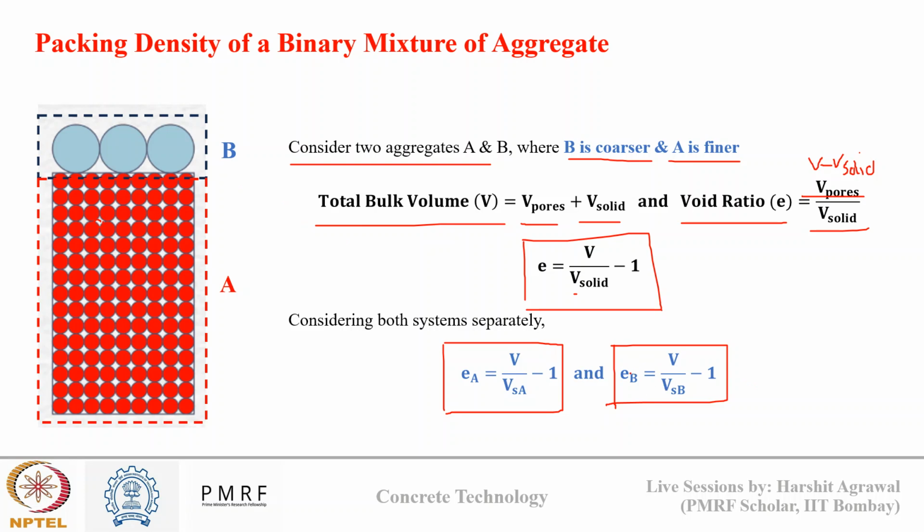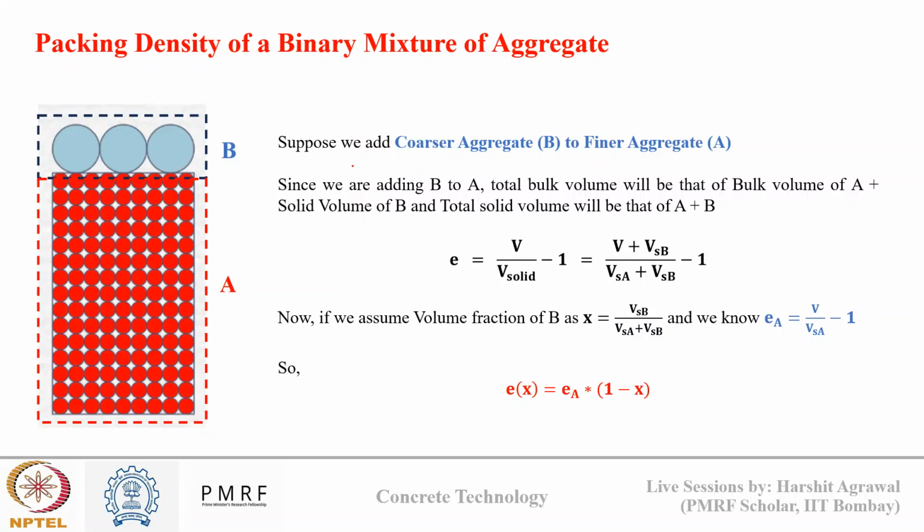Here we are talking about void ratio; earlier we said porosity. Both are different things, but they represent the same concept. Here we are talking about the ratio of voids in terms of solid, whereas porosity is the amount of voids with respect to the total volume.